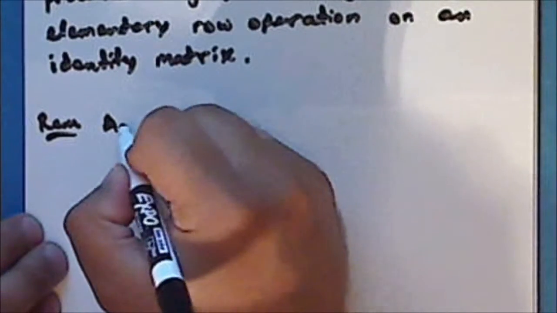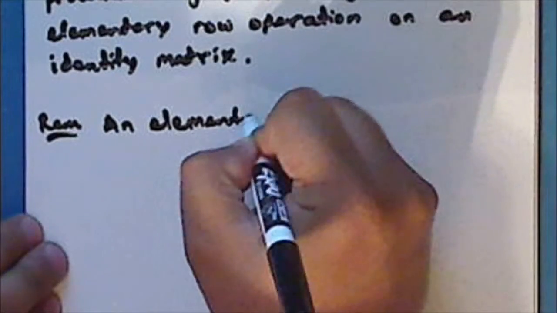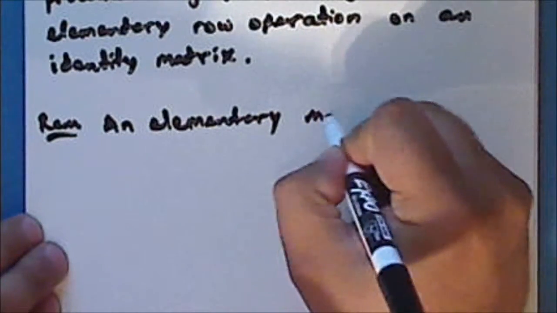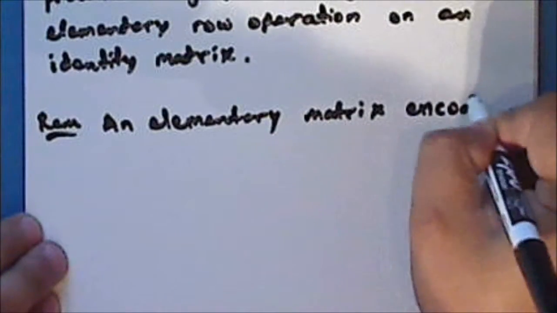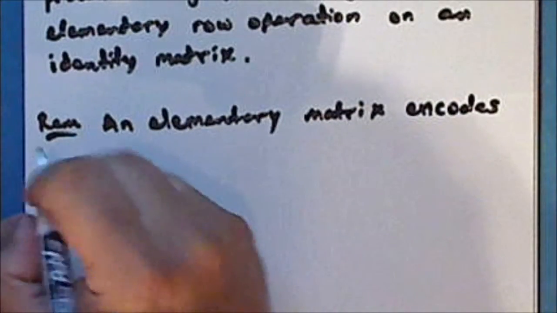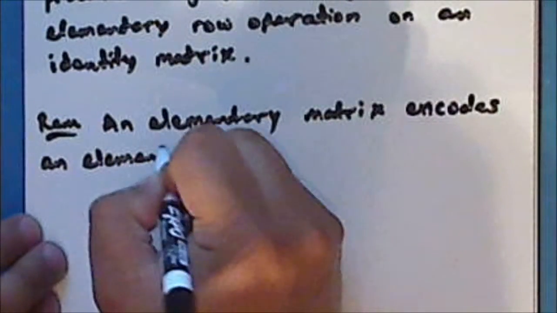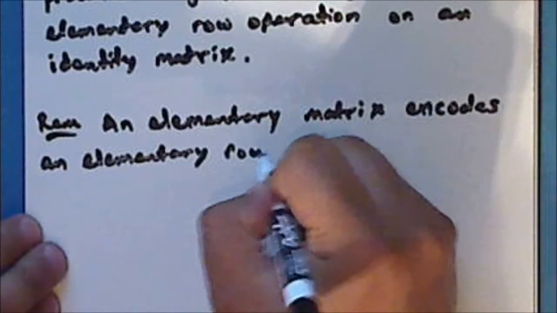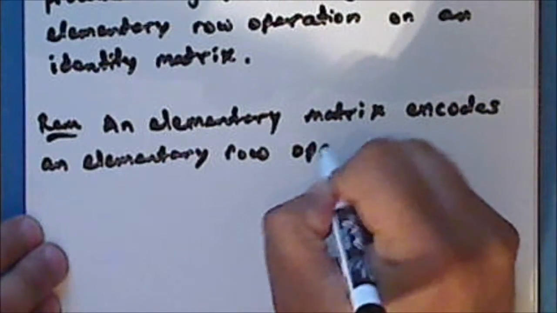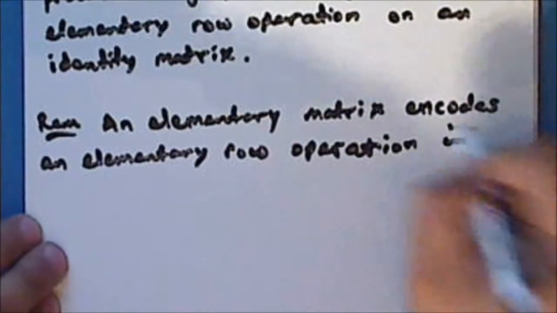Now, an elementary matrix encodes an elementary row operation in matrix form.